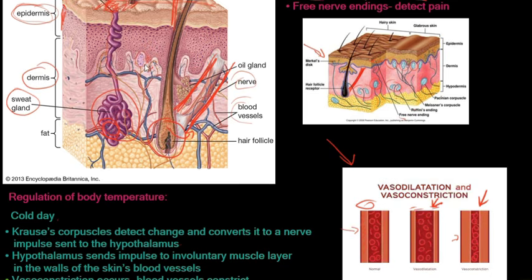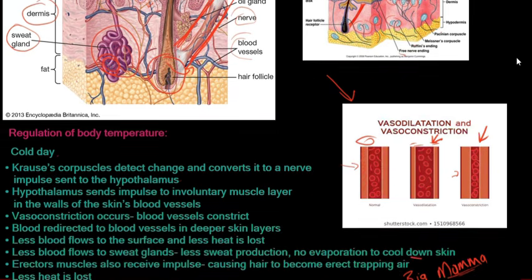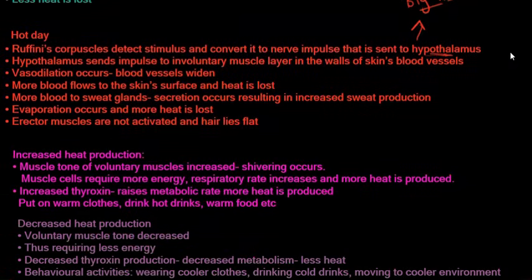This allows blood to come closer to the skin surface, much like you would open a window to let hot air out. So the blood vessels open up so that they can lose the heat being carried in the body. More blood flows to the skin surface and heat is lost.